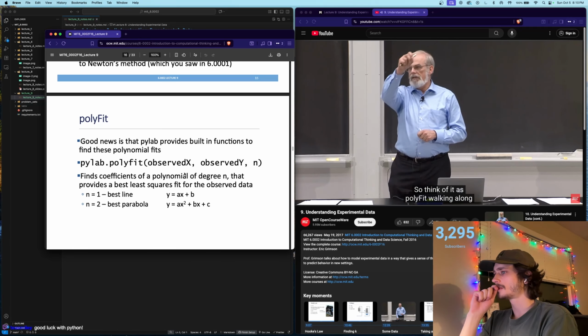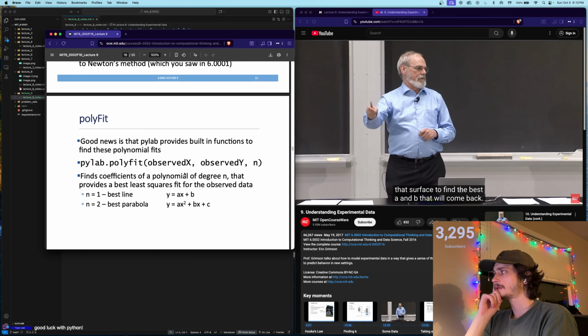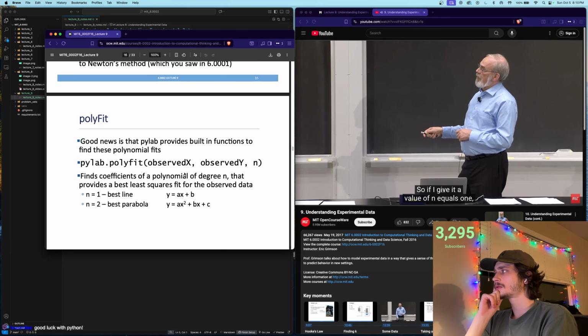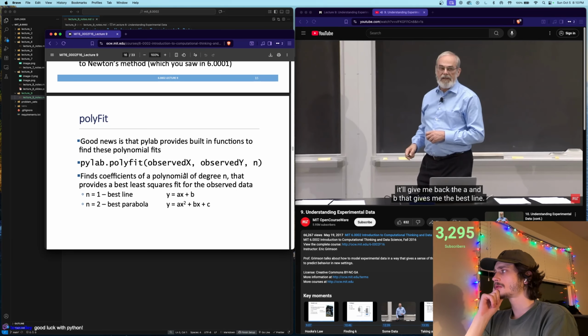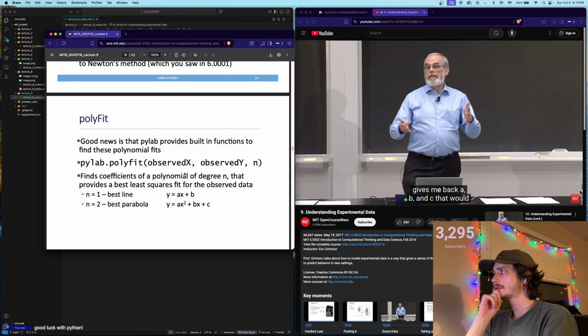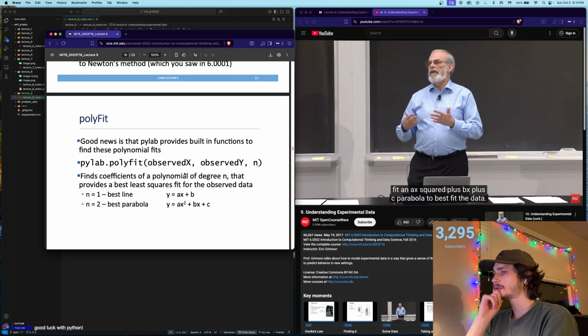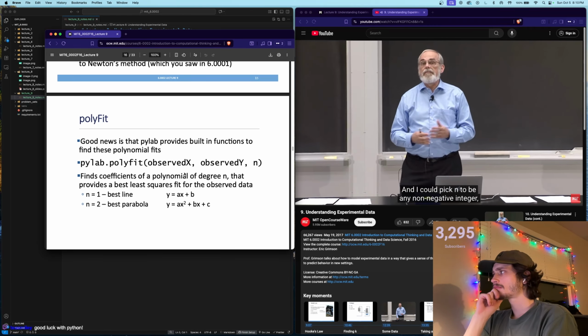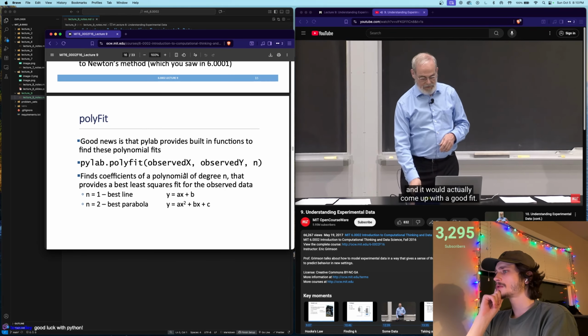So think of it as polyfit walking along that surface to find the best a and b that will come back. So if I give it a value of n equals 1, it'll give me back the a and b that gives me the best line. If I give it a value of n equals 2, it gives me back a, b, and c that would fit an ax squared plus bx plus c parabola to best fit the data. And I could pick n to be any non-negative integer, and it would actually come up with a good fit.